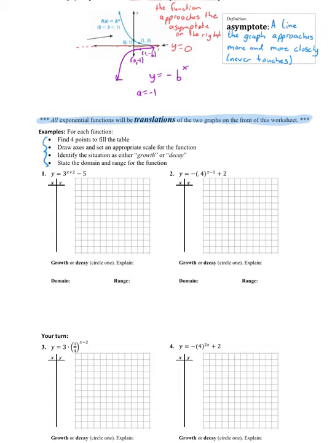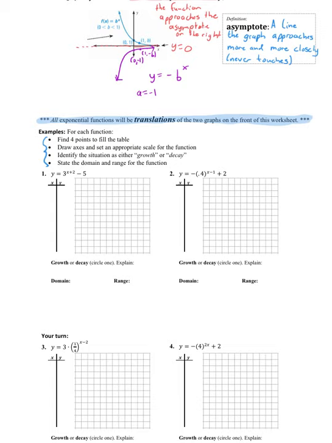I want you to draw an axis and set an appropriate scale for the function. Always important. We're going to identify the situation as either growth or decay. Is this exponential growth or exponential decay? And then finally, we're going to state the domain and range, so we'll talk about what to expect for these types of functions.